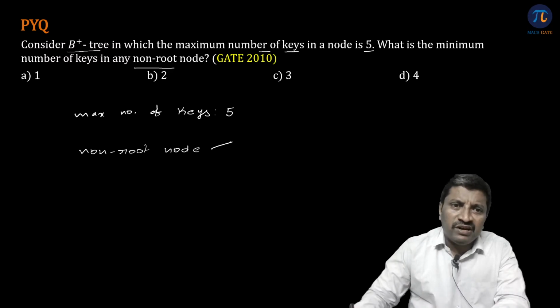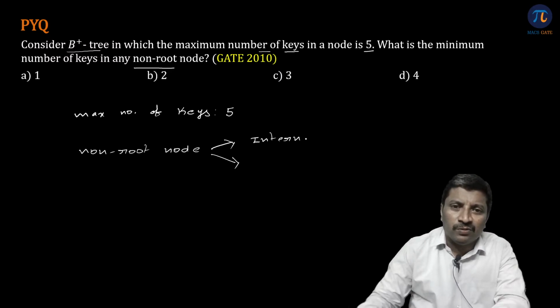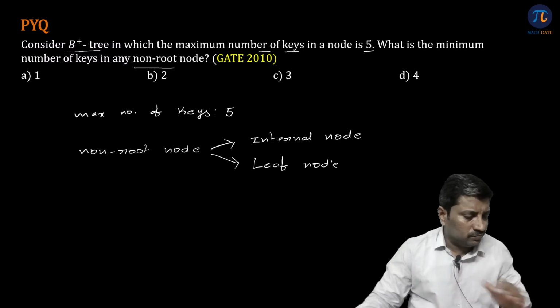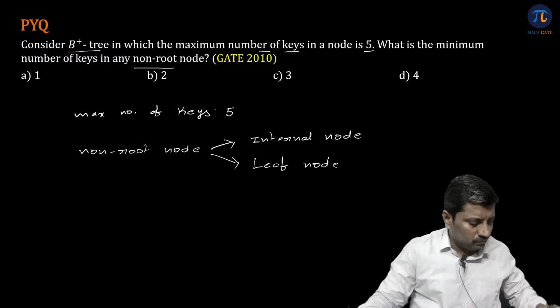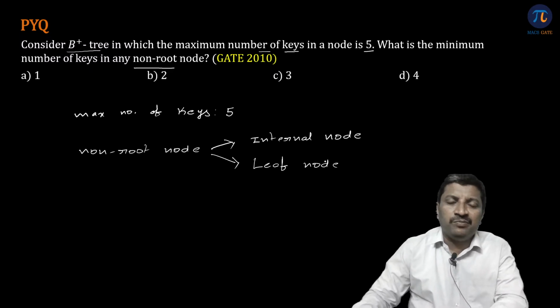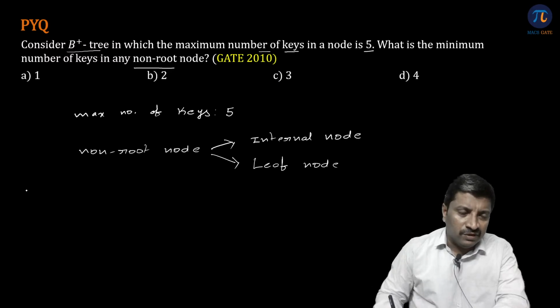non-root node. Whenever it is a non-root node, there are two possibilities. Either it can be internal node, or it can be leaf node. Let us solve the cases separately.